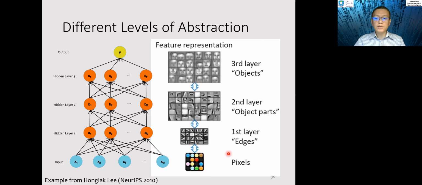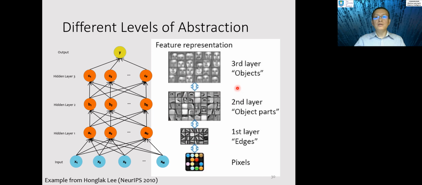Start with pixels. The first layer learns the edges, and the second layer learns the object parts, such as eyes, nose, and eyebrows. So they are more complex than the edges, but they are just parts of objects.